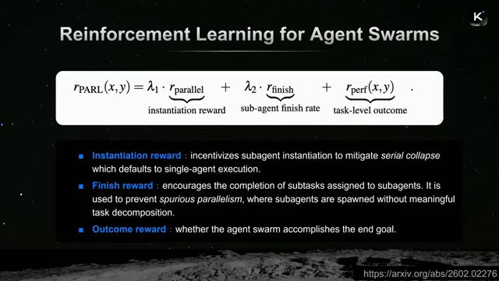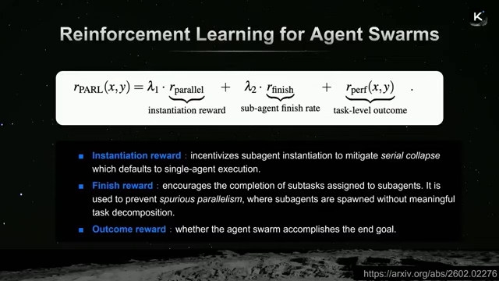It incentivizes sub-agent instantiation to prevent this serial collapse phenomenon from happening. So basically, we don't want it to default to single agent execution. We want to encourage parallel execution, especially in the early stage of training.